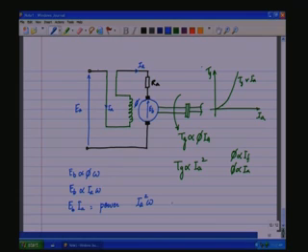And let us say we want to keep the power constant.